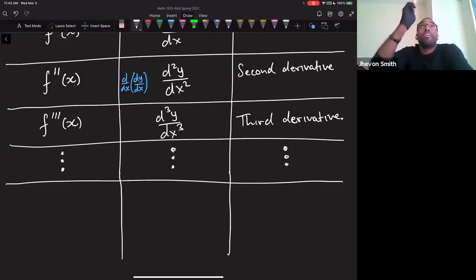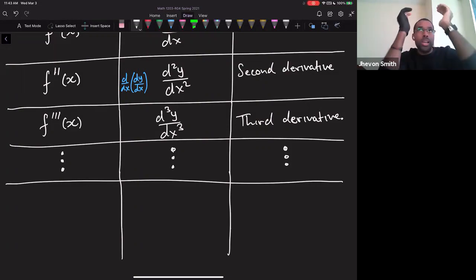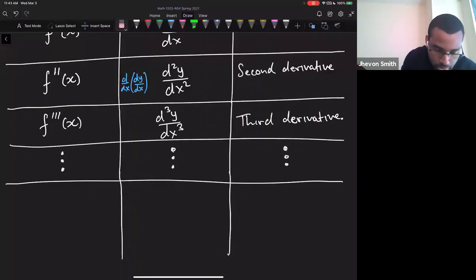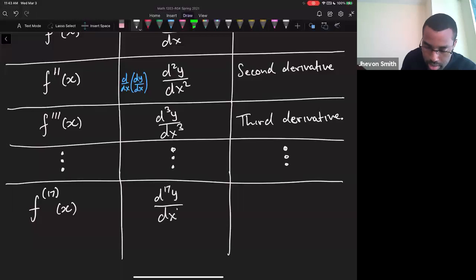You don't want to have 17 notches in the thing. That's going to be weird. So what you do is you write it as a power, but you write it in parentheses. You can say f with 17 in parentheses up top of x, or d^17 y over dx^17. This is the 17th derivative.